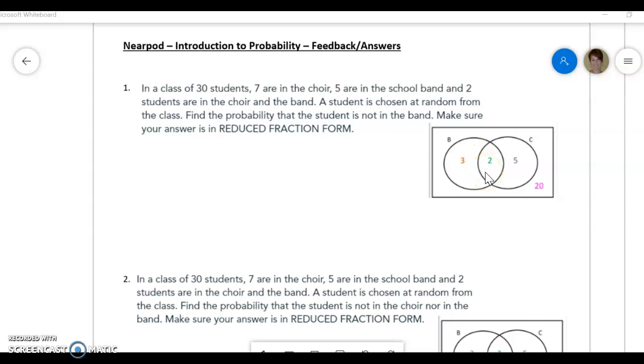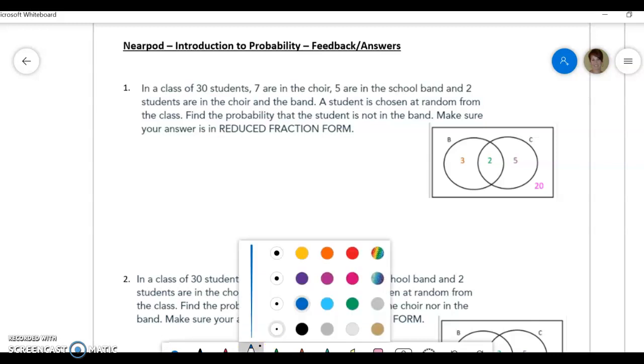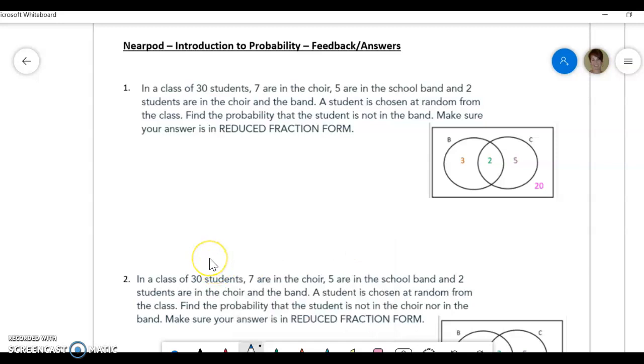So it says a student is chosen at random from the class. We want to find the probability that the student is not in the band. So what we're going to do is we're going to take a look at creating this probability as a fraction. When you were younger, you may have done percents, but really in high school probability, we're going to write it as a fraction. So our denominator is going to be the students that were in the class, so that's 30.